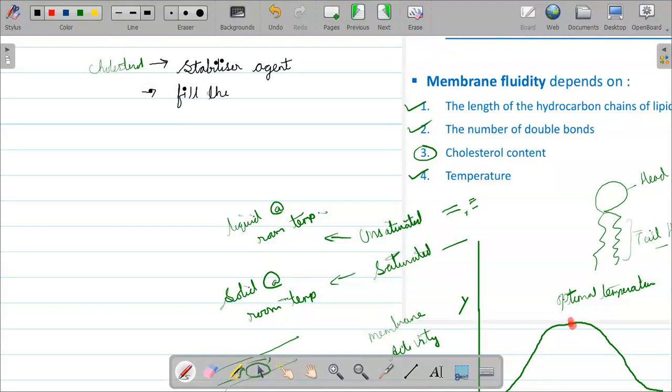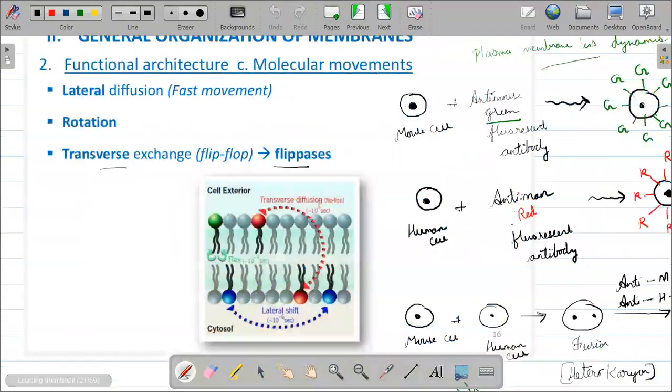They fill the gap between, you can see in this diagram. Are there small gaps here? Yes, sir.